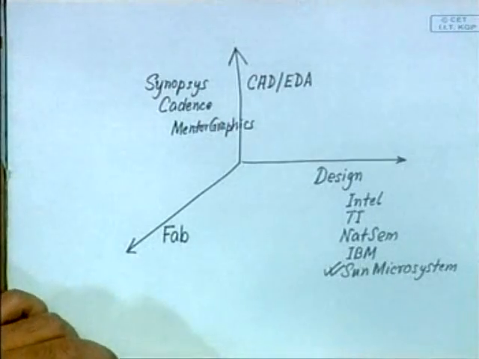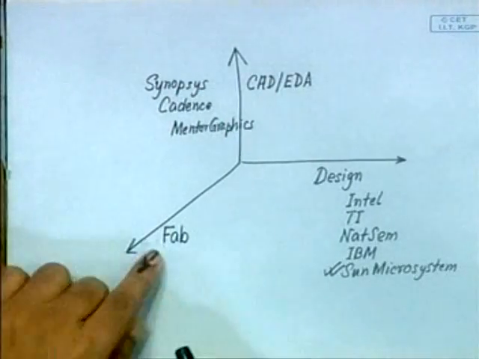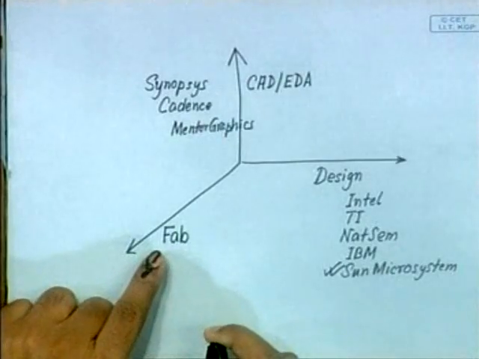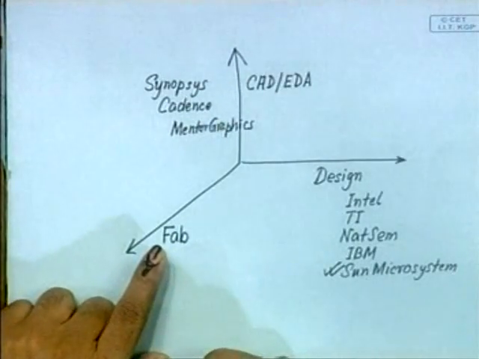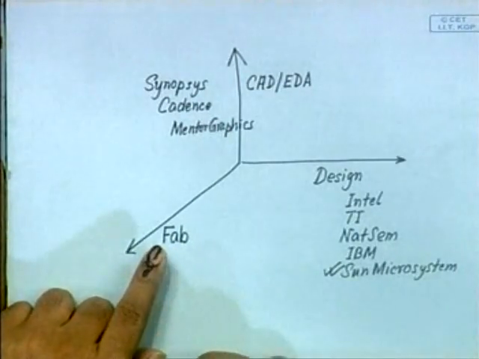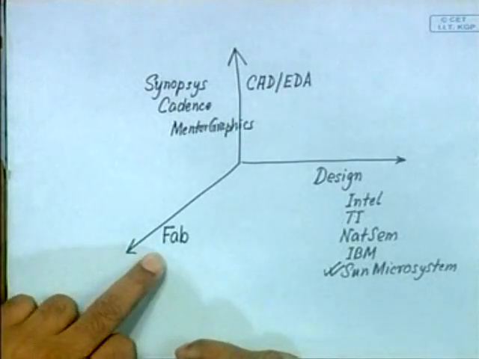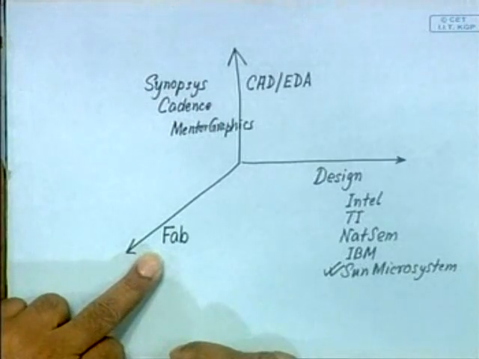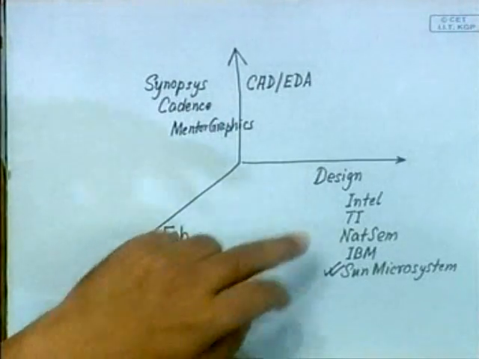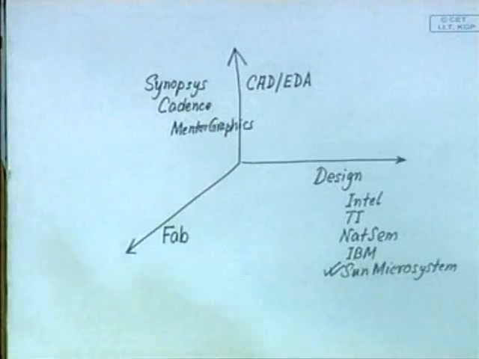So there are people who are experts in device physics, in semiconductor devices, etc., and the people who know how to handle those machines. They are in the fab business. The design guys are the ones who think of new architectures, new products, new applications, new chips, and they design those things.